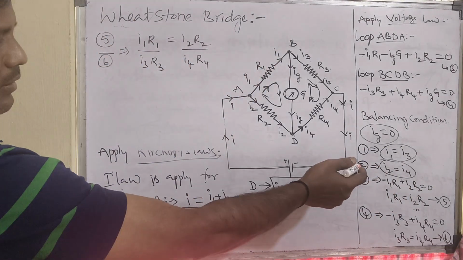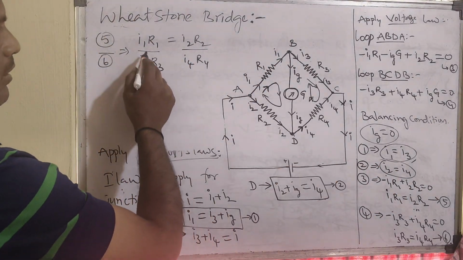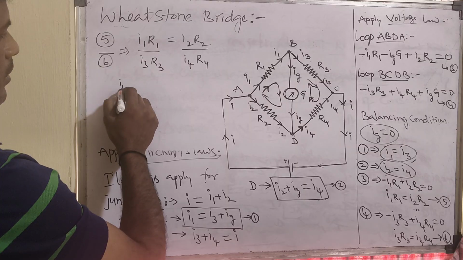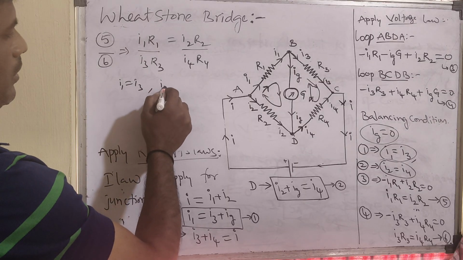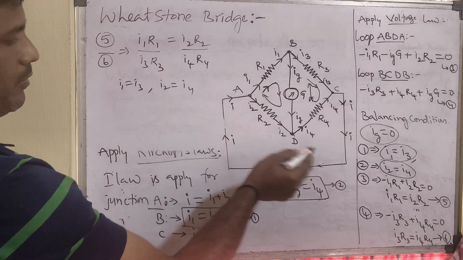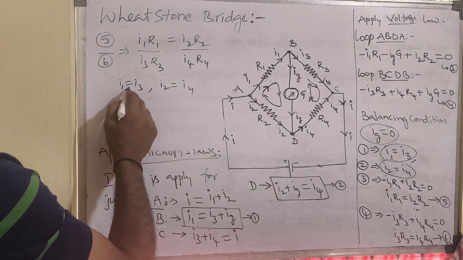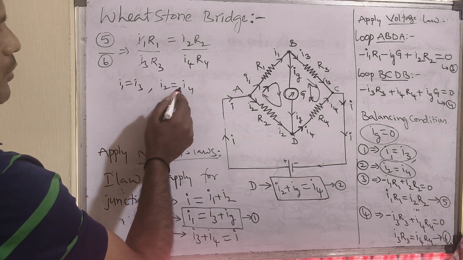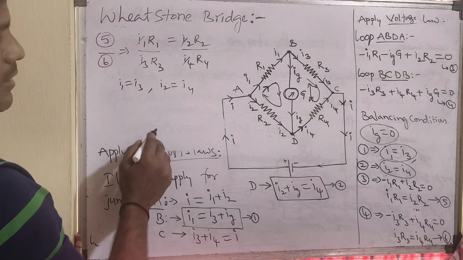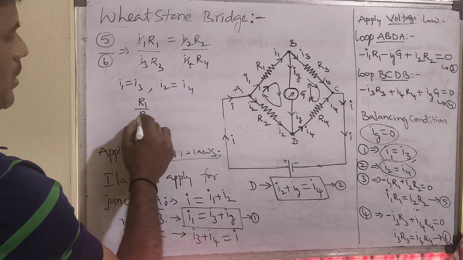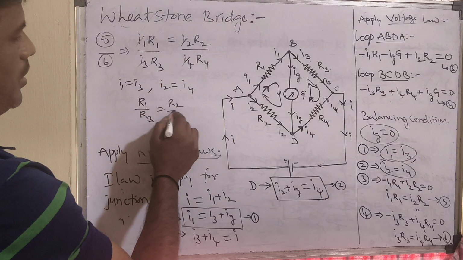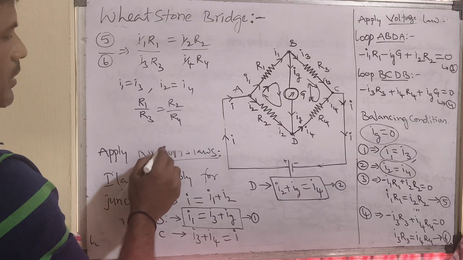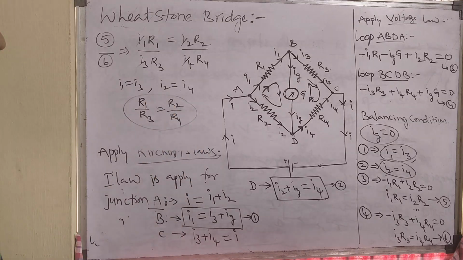Substituting those values, I1 and I3 cancel, and I2 and I4 cancel. So R1 by R3 is equal to R2 by R4. This is the balancing condition.